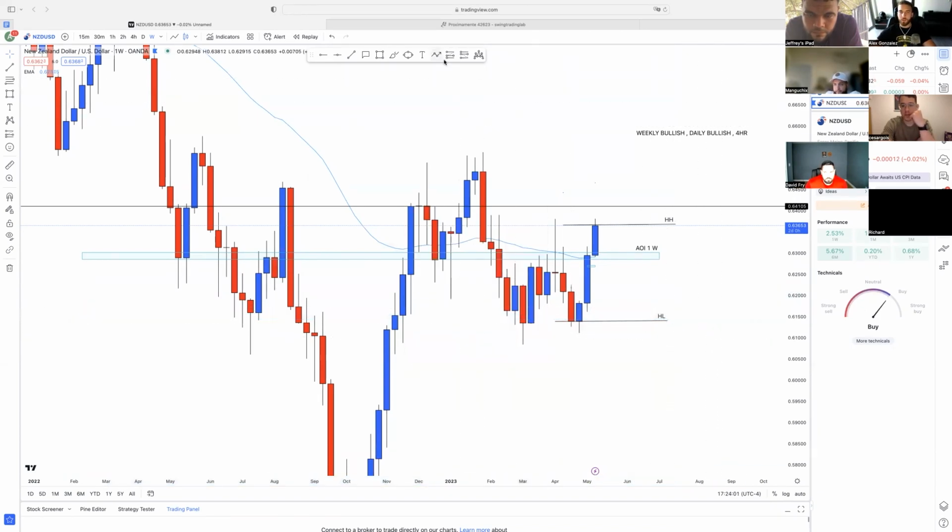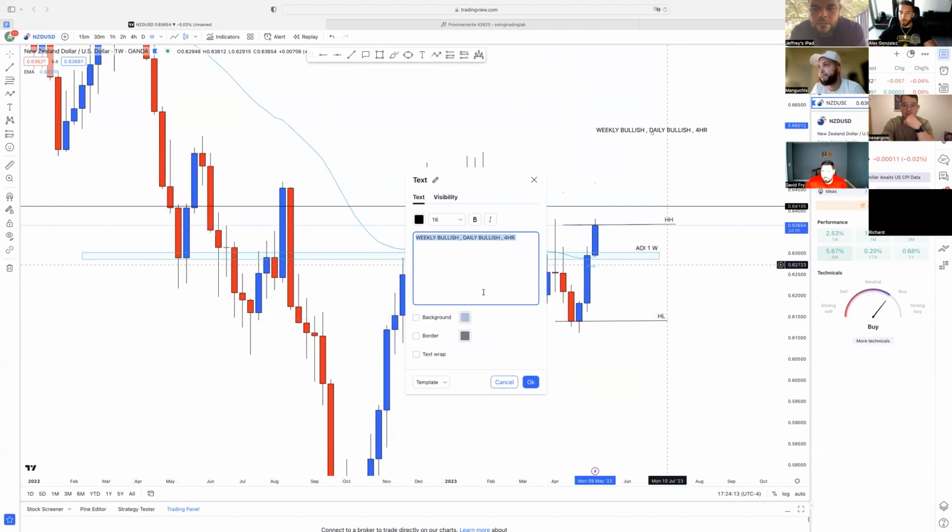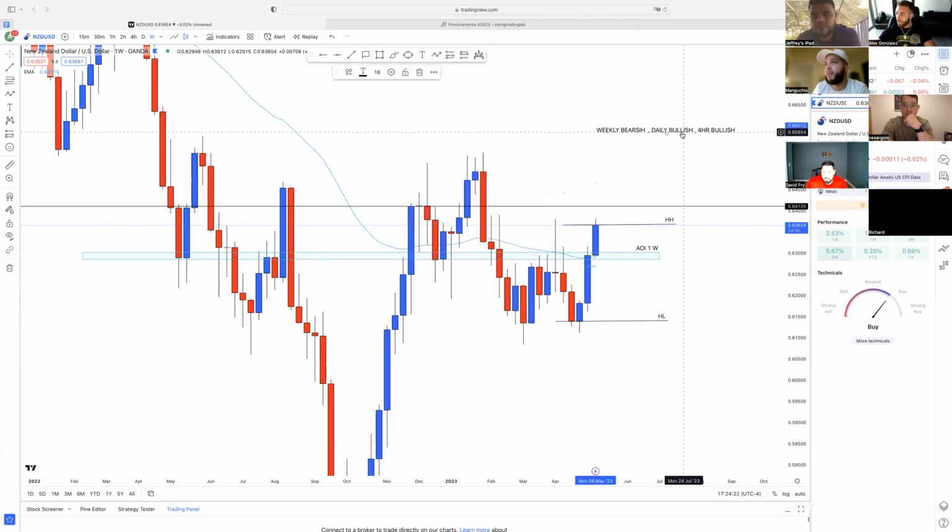So we understand for the weekly, we have to come back here to buy. This is where we go down to the daily, because we look for areas of interest on both time frames if both are bullish. If the weekly were bearish and the daily bullish, we would only look for an area of interest on the daily, because you can't look for an area of interest to buy if the weekly is selling. Does that make sense? I'm going to say it again.